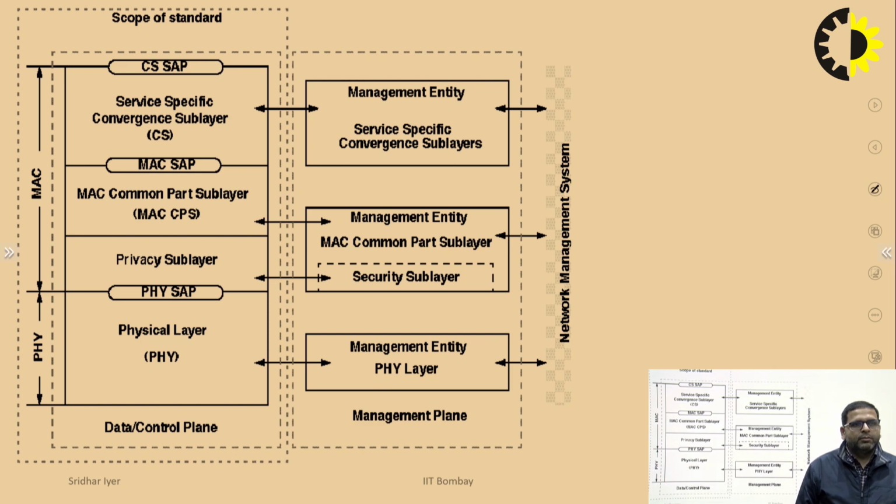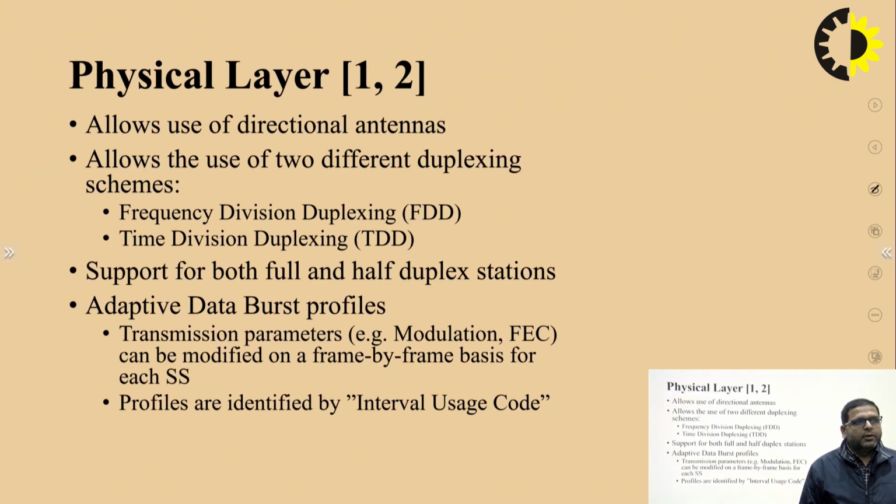This is basically the network management system in WiMAX technology, in which we have shown the two layers, physical layer and MAC layer. Physical layer provides the interface between different users and the system. It allows various use of directional antennas, two types of duplexing supported by physical layer, frequency division duplexing and time division duplexing.